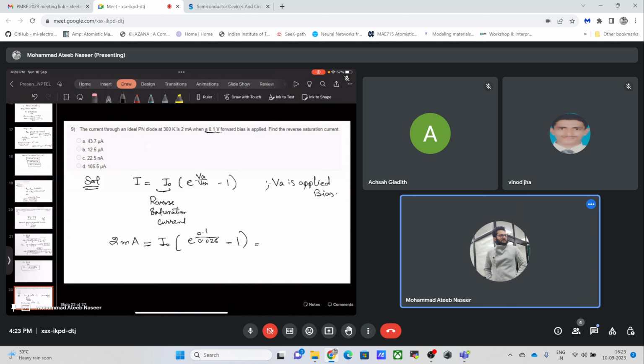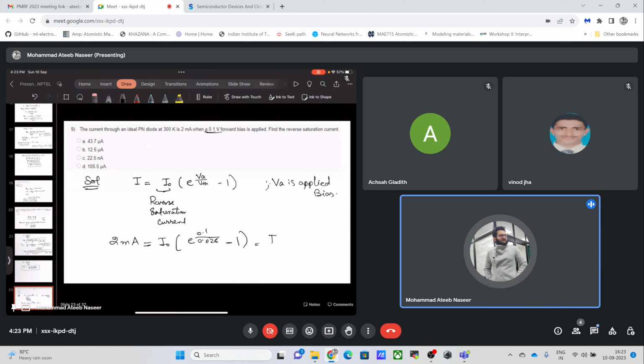Okay, so if I divide 0.1 by 0.026, it is 3.846. Exponential of 3.846 is 46. If I subtract 1 from it, it will be 45.8.